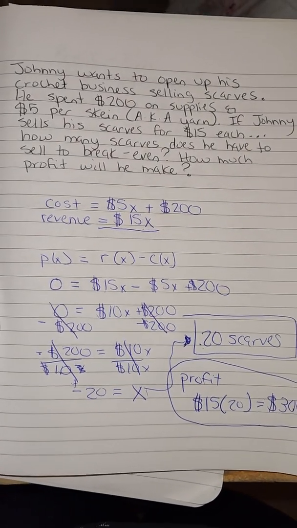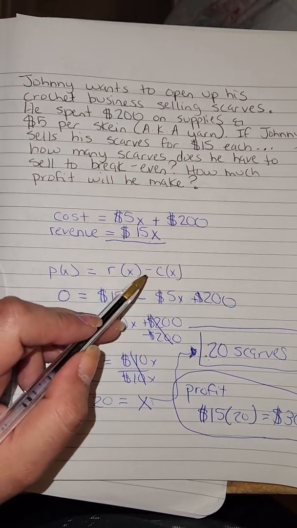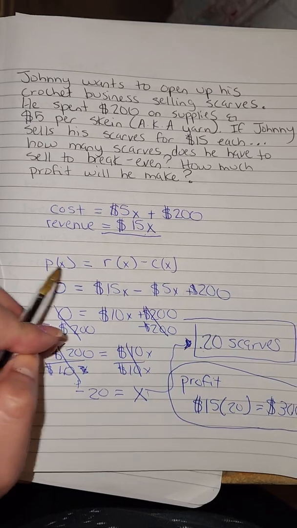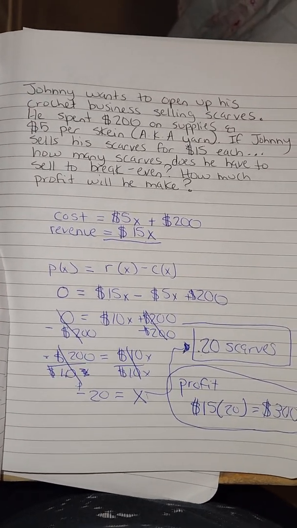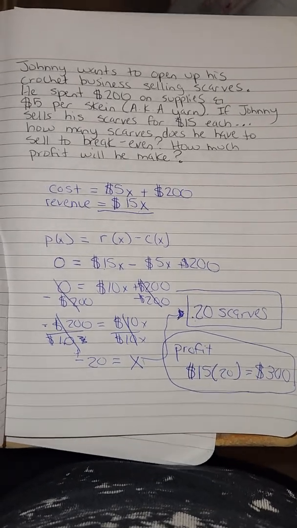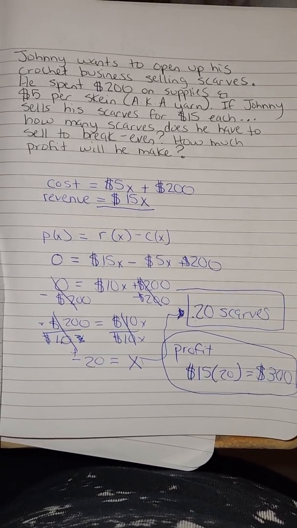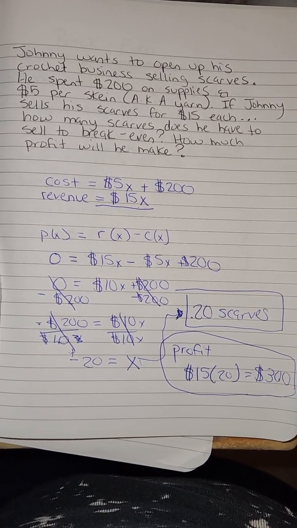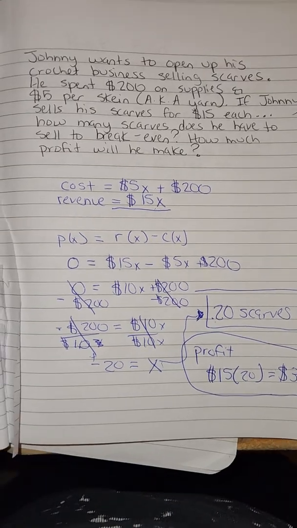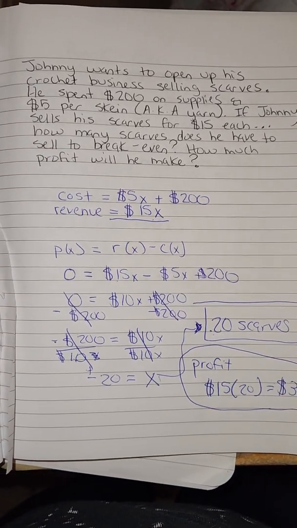But also the profit equation is R of X minus C of X is equal to P of X. I guess the wording is different for this problem. But that's the answer I got: $300 selling 20 scarves. It doesn't specify how many scarves he sold to make profit.